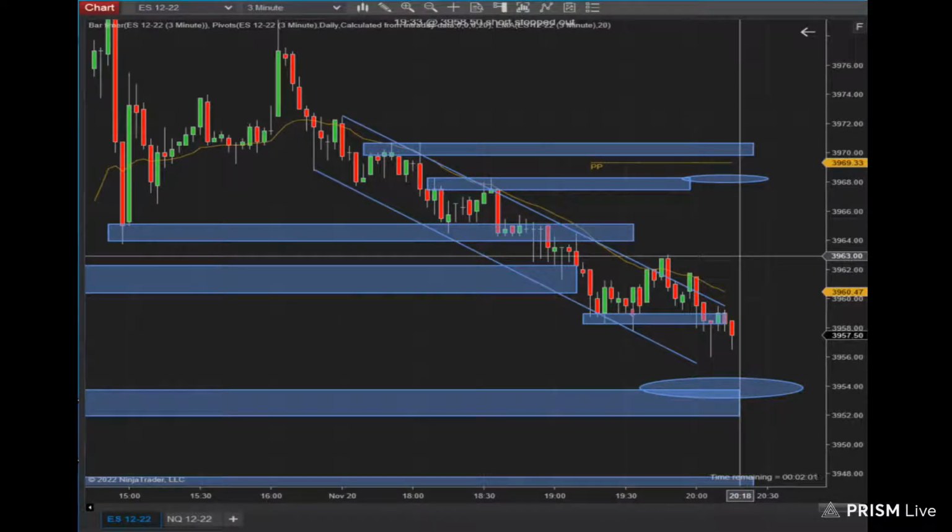Only 1 minute into this 3 minute candle. I'd love to get one more trade in, make it a profitable one. It's just not ripe enough.